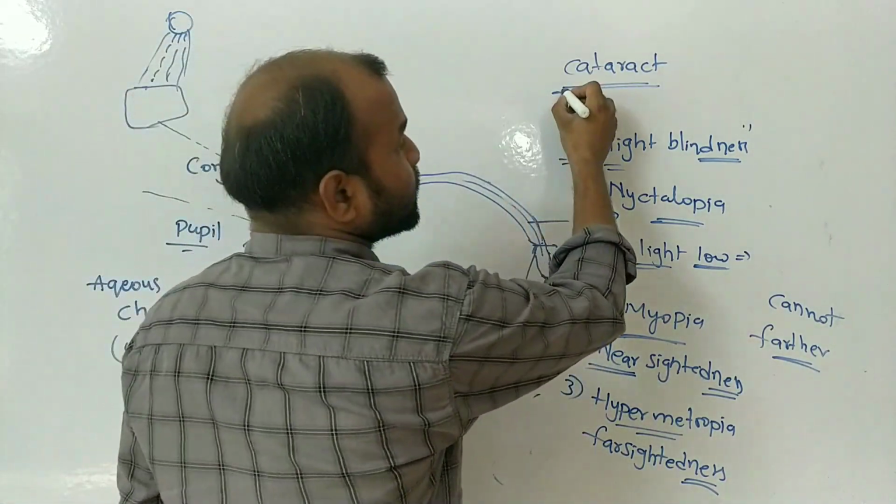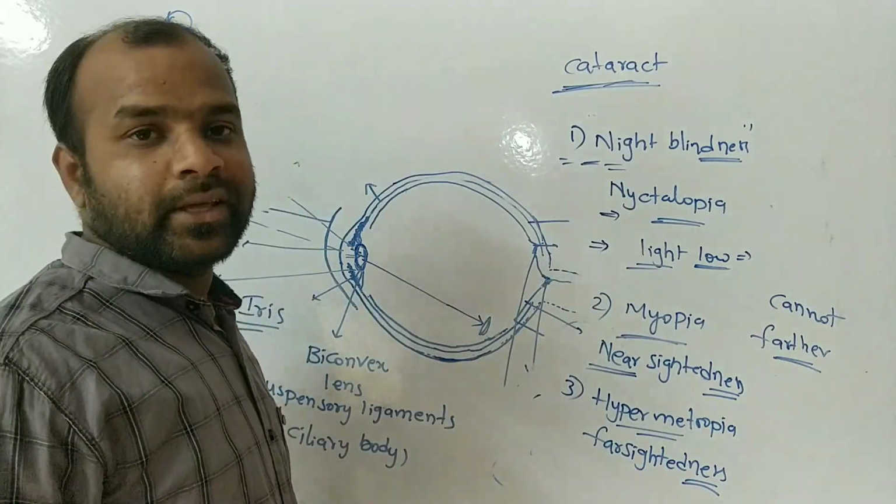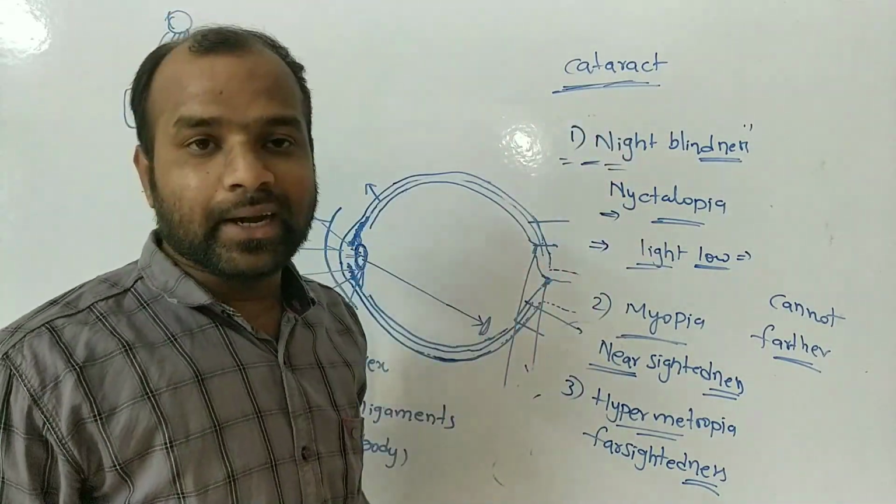So there will be an impairment in the vision, and that is called a cataract.